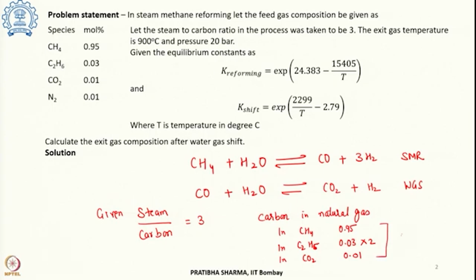This all makes up a total of 1.02 moles. Now, the steam to carbon ratio is given to be 3:1, and it is 1.02 mole percent of carbon, so the steam is 3 times of this, which makes it 3.06 mole percent for steam.